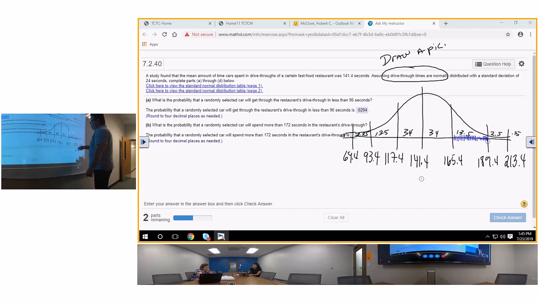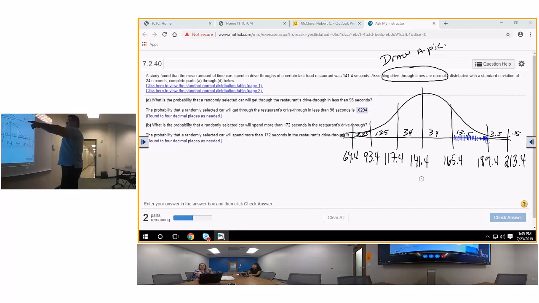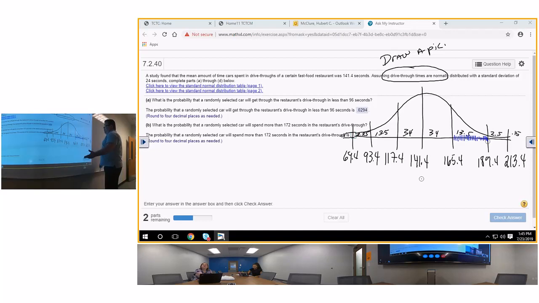All right, so for 172, how many marks do we need? 1, 2, 3, 4, 5, 6, 7. Now we know each one of those is a half. So half of 8 is 4, so I'm going to say that's about 4%.